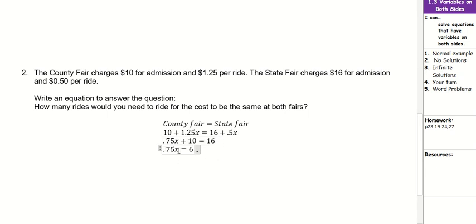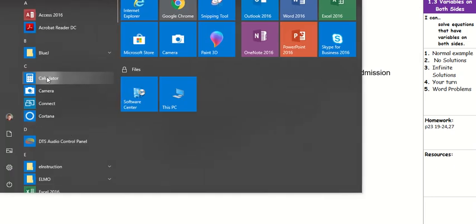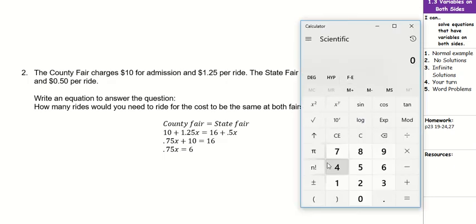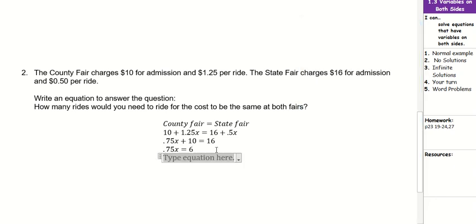Now I'm going to divide both sides by 0.75. Using that calculator, so I know I'm going to get the right answer. 6 divided by 0.75 is 8. 8 both times. X equals 8 rides. What this means is that it doesn't matter if you went to the county fair or the state fair if you only ride 8 rides, because it would cost the same amount. 8 rides cost the same at the county fair or state fair.